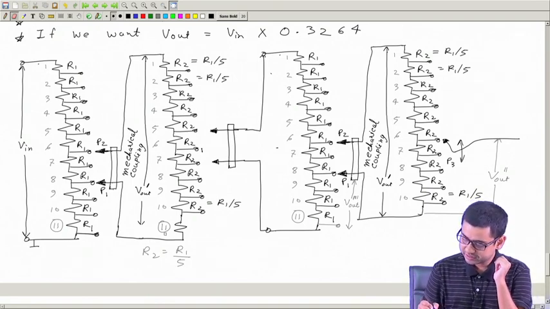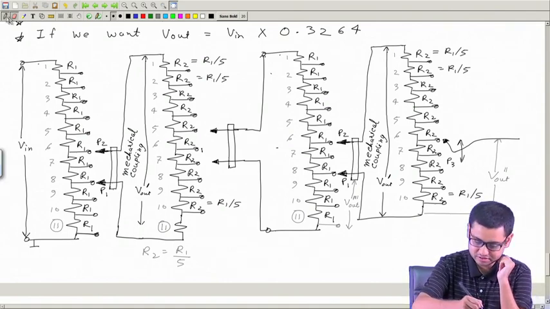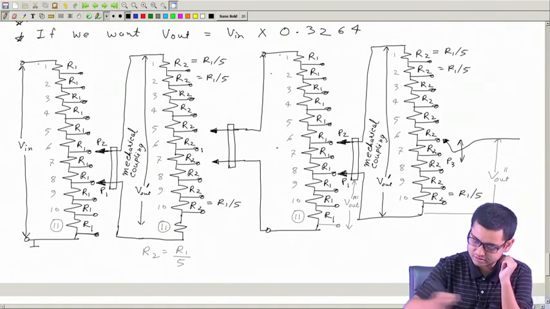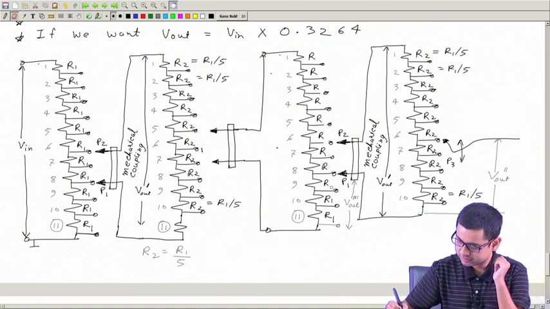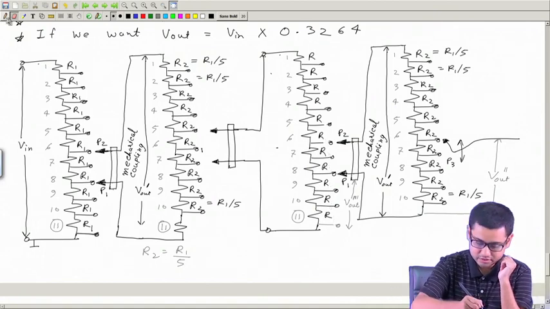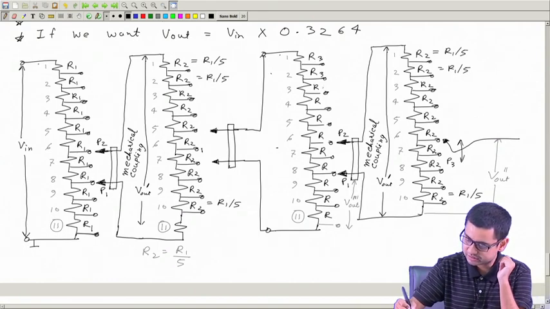Now once again, while choosing these resistances, I have to make sure, call this R3. So these are R3.